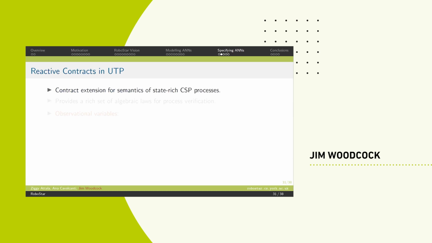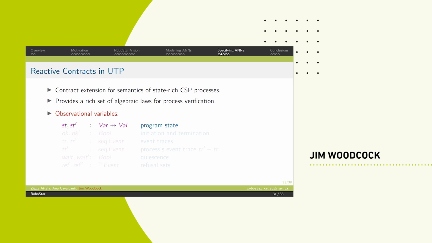So this is an extension, a contract extension for the semantics of state-rich CSP processes. It provides a rich set of algebraic laws for process verification. And every Circus program, so every state-based CSP program, has a reactive contract. So there are some observational variables in these contracts.